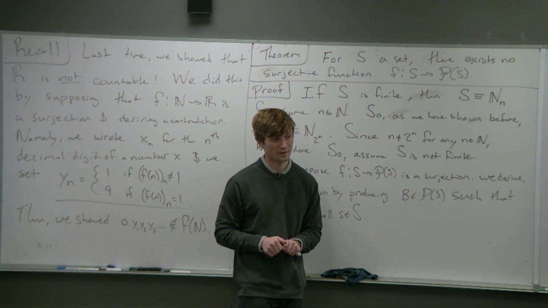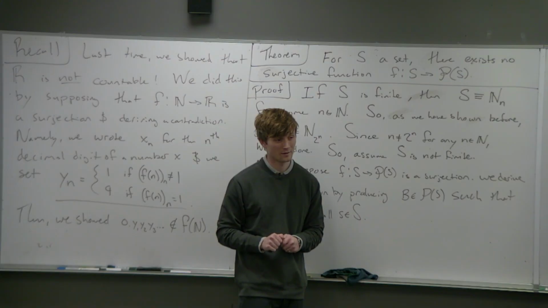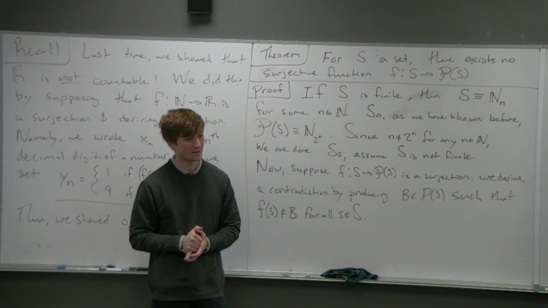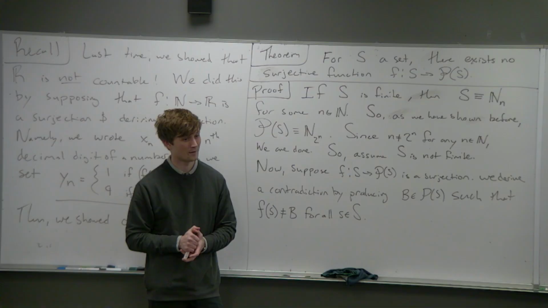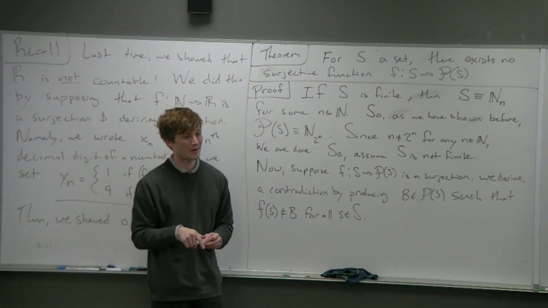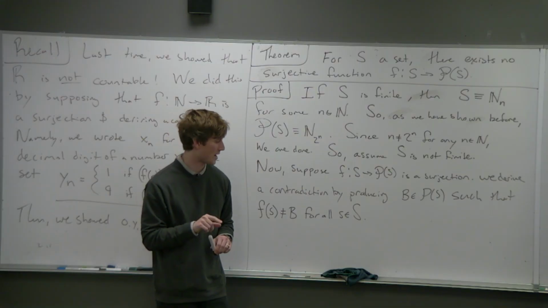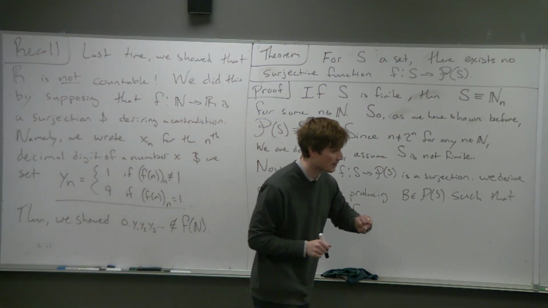Every element in S, by itself, is a set in the power set. What if we map every element to the corresponding thing to itself? Yeah, okay. Exactly what you're saying, and this is the right idea. We'll come back to this in just a moment.